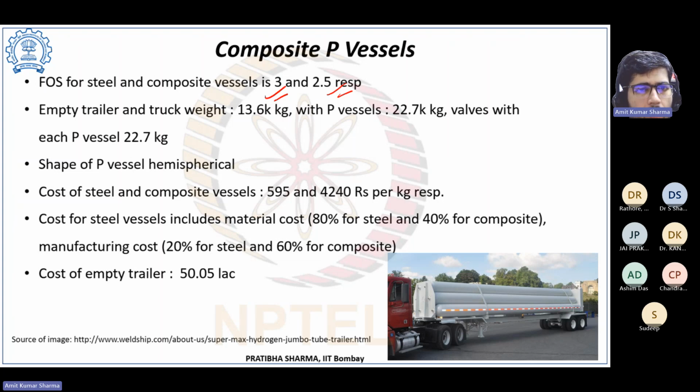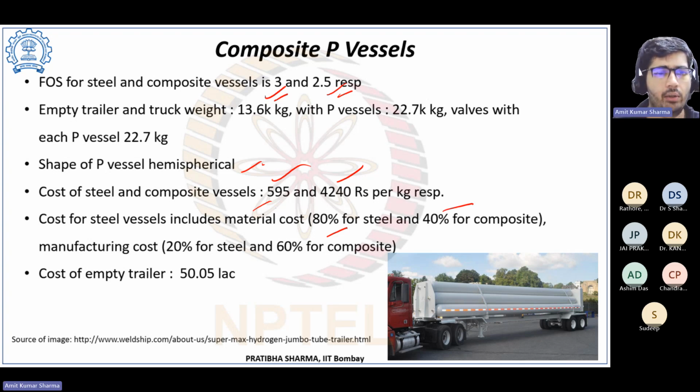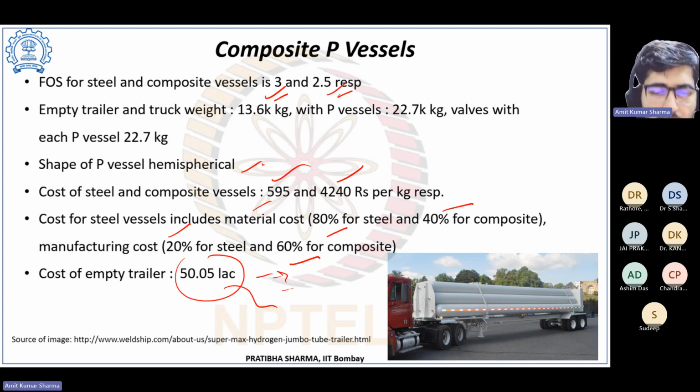The shape of the pressure vessel is hemispherical. If you compare the cost of steel and composite vessels, you see the difference. The composite is very costly. The cost of steel vessel includes material cost, 80% for steel and 40% for composite, and manufacturing cost, 20% for steel and 60% for composite. For an empty trailer, 50.5 lakh, it's only for this example, not fixed data.